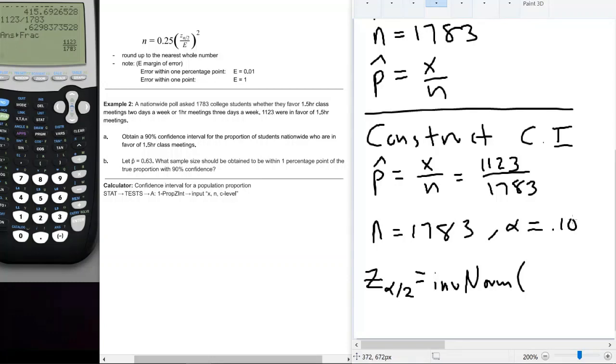But again, we don't just need alpha, we need alpha divided by 2. So inside, we need alpha divided by 2. We can also place it inside the inverse norm function like this. If you want to call it 0.05 already, you can. And then 0, 1.